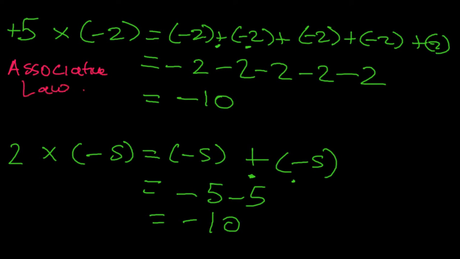Alright, so we're going to look at a few more examples. I'm going to draw a handy little table here, and this table will help us to carry out our operations correctly. I'm going to put a positive and a negative sign here, and a positive and a negative sign there. So in general, if I'm multiplying or dividing positive numbers, then the result's going to be positive.